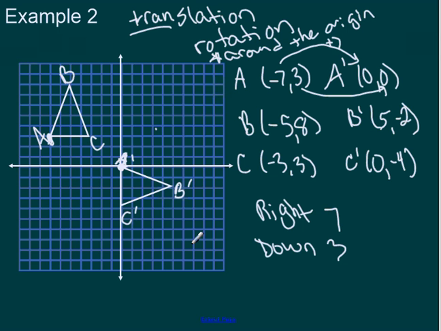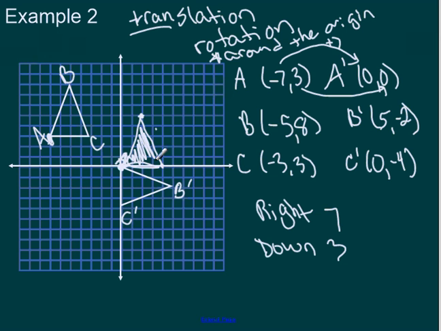That's good. If I take my B and go right 7, 1, 2, 3, 4, 5, 6, 7, and down 3, 1, 2, 3, there's B. And then my C, I go right 7, 1, 2, 3, 4, 5, 6, 7, and down 3. And that gives me a triangle right here. Okay?